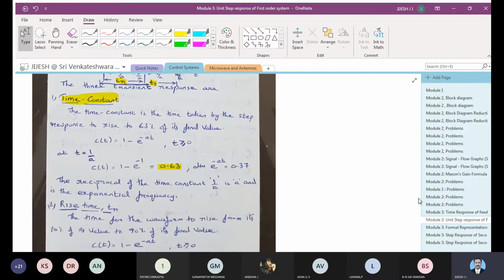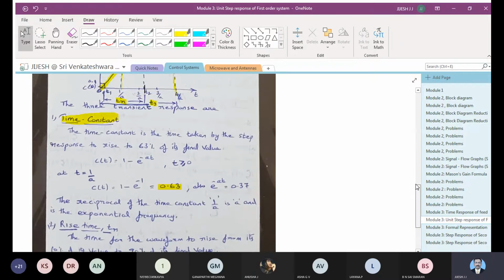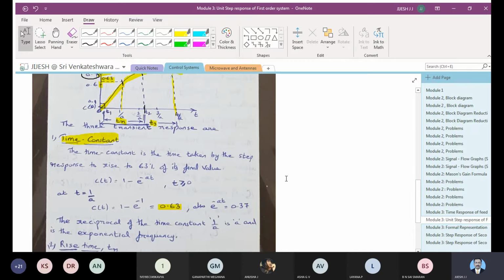You can just note down the first one, and then we will move on to the second. Complete the time constant.